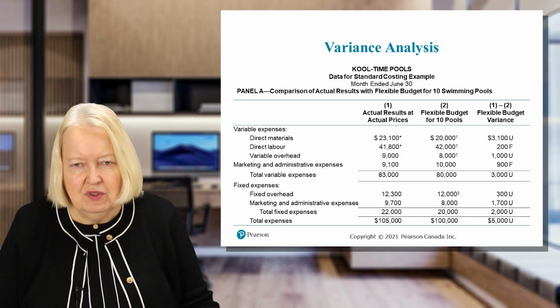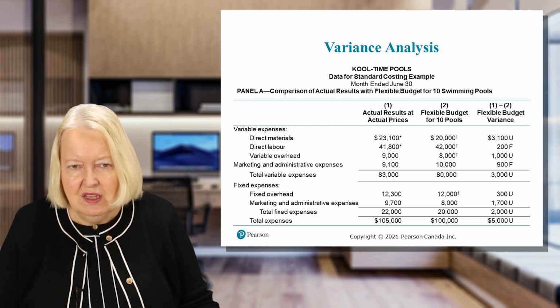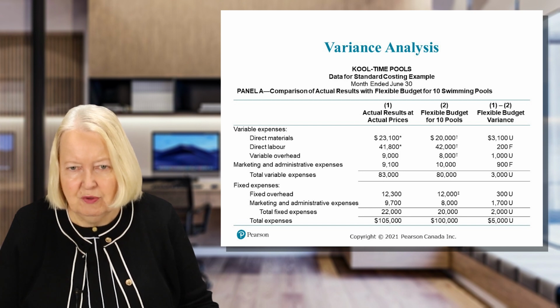But column 2, what we call flexible budgets, this is what you would have expected to pay to do the 10 pools. So you would have expected to pay $20,000 in materials, $42,000 in labor, $8,000 in variable overhead, and so on.